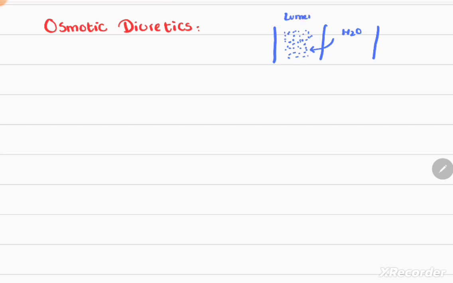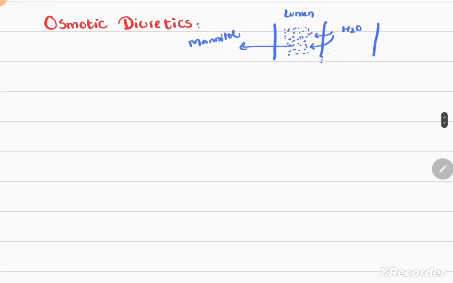Because these diuretics, like mannitol, are present in the lumen of the urine and are not reabsorbed, they will create an osmotic pressure which will pull water out from the tubules into the lumen, and this is how the water is excreted into the urine. So the mechanism is pretty simple, and it uses the phenomenon of simple diffusion or osmosis, driven by an increased amount of solute in the lumen.